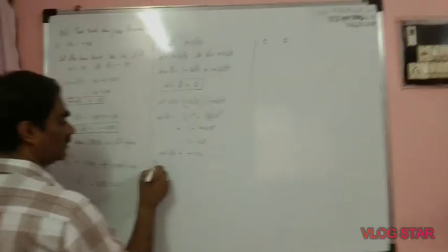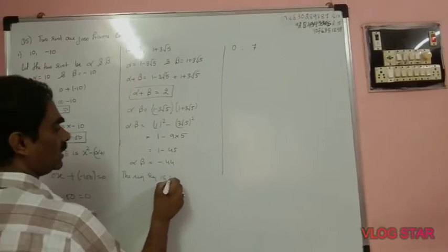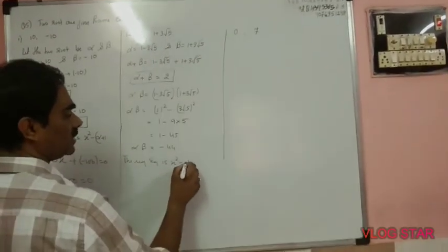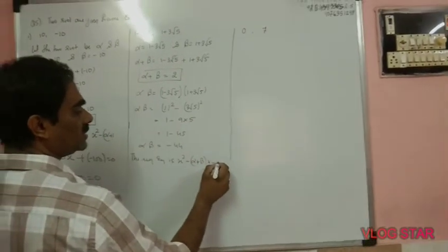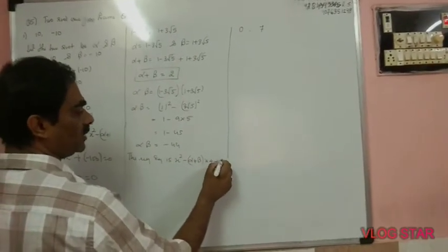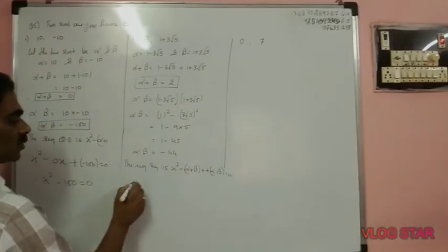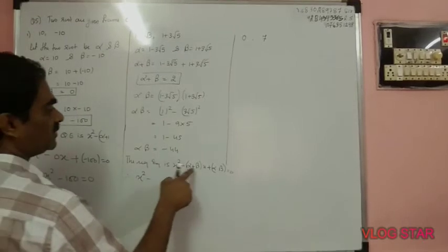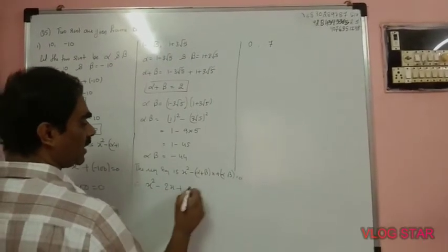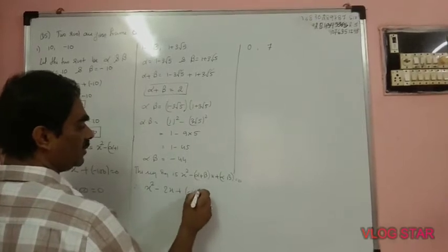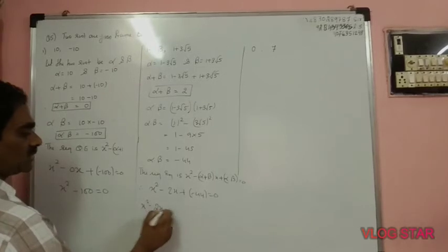Therefore the required equation is x square minus (alpha plus beta) x plus alpha into beta is equal to 0. Therefore x square minus 2x, and alpha into beta was minus 44, is equal to 0. So x square minus 2x minus 44.